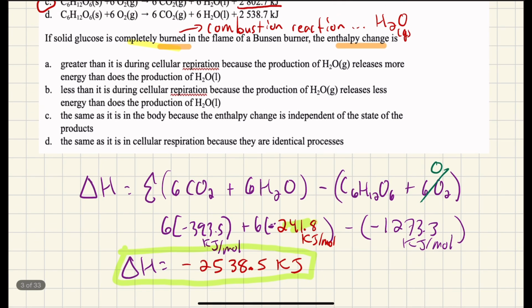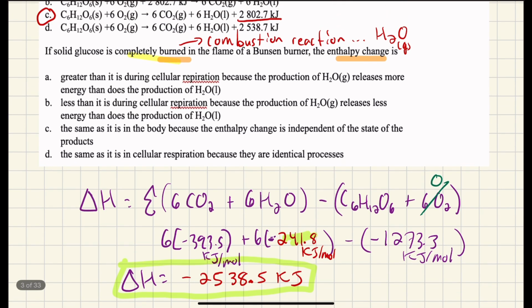So then the most appropriate answer here is that the enthalpy change is going to be less than it is during cellular respiration because your H2O gas releases less, right? If we look here, it releases negative 241.8, whereas water liquid releases negative 285.8 instead. So the most appropriate answer would be B over here.